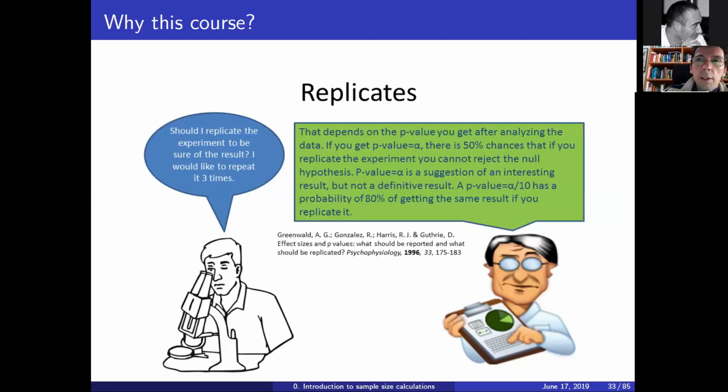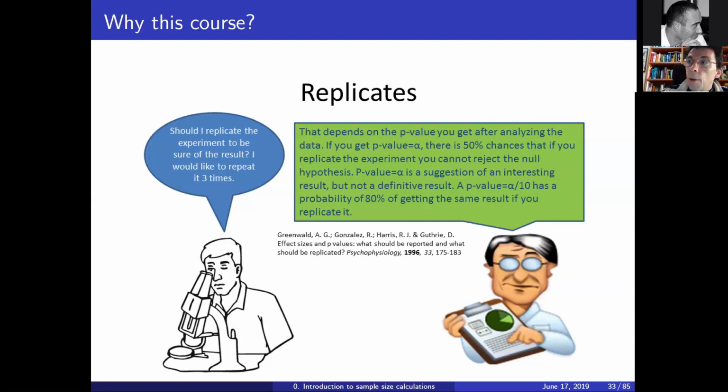Post-hoc power calculation is another way of reporting the p-value. There is a one-to-one relationship between the p-value and the estimated power once you have done your experiment. So it is not really a good practice.